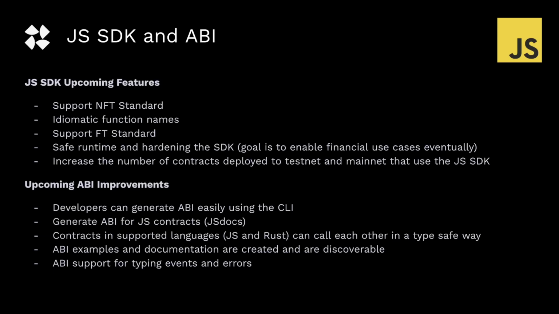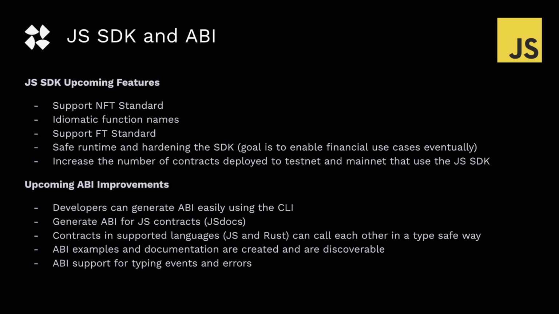And with this scope of work, we're making improvements and additions to the ABI examples and documentation and making those discoverable. So this will be an effort in collaboration with the DevRel team. And finally, for the ABI that we have released, we're going to add support for events and errors.